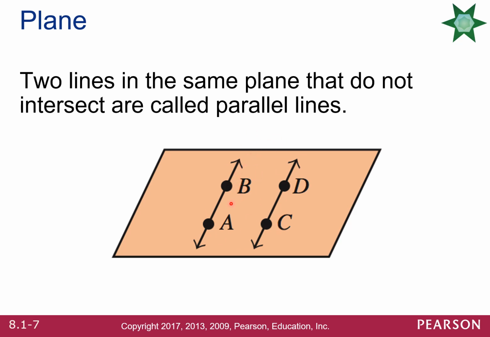So as long as the lines are within the same plane and they never meet, they would be considered parallel lines. So we will be learning some geometry on parallel lines. So it's important to understand the property that parallel lines will never meet, but they have to be within the same plane.